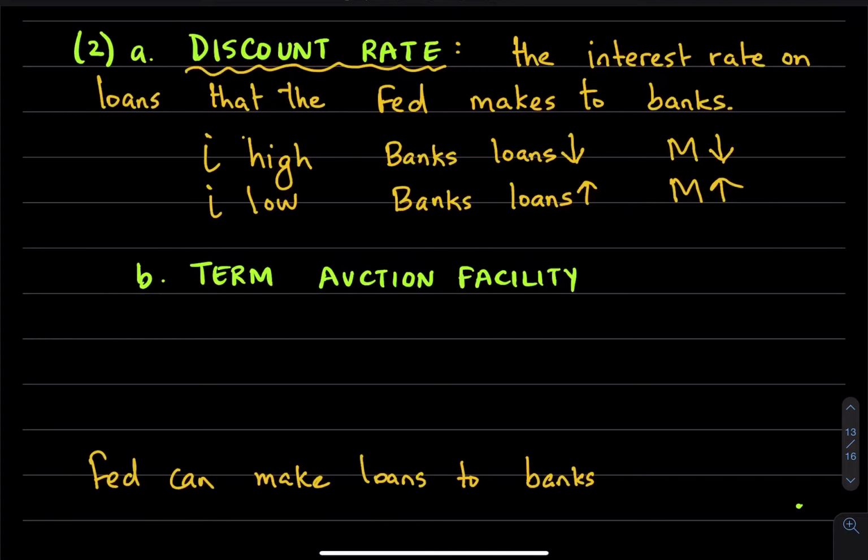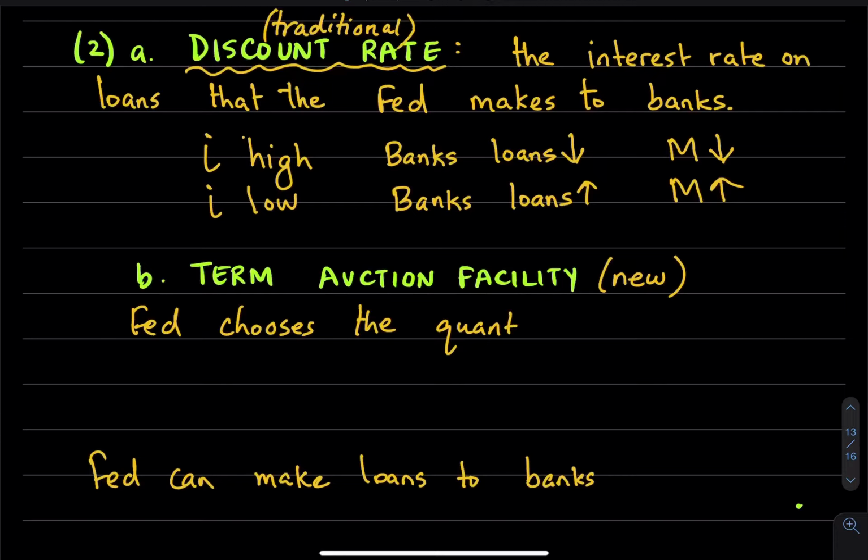But recently, so this is sort of the traditional method, and the newer method is something called term auction facility, in which the Fed chooses the quantity of reserves it will loan.